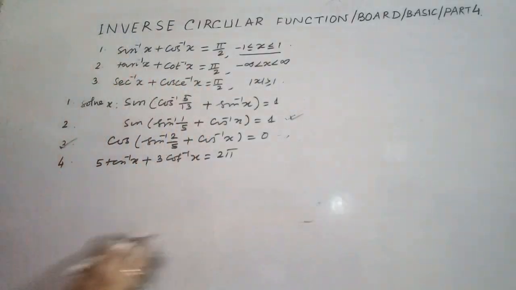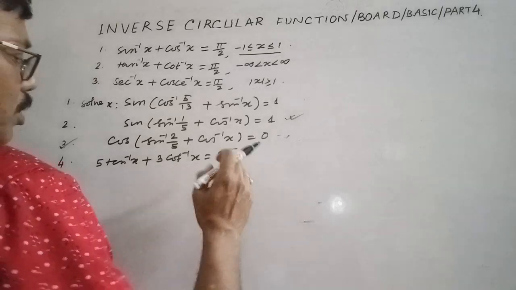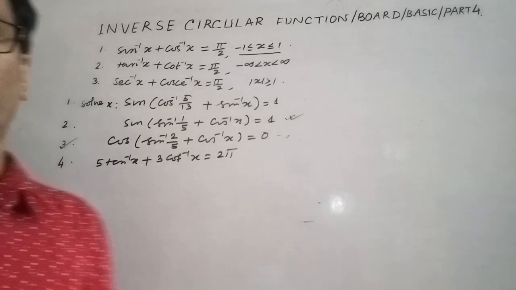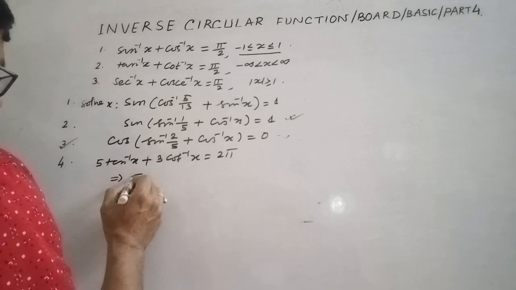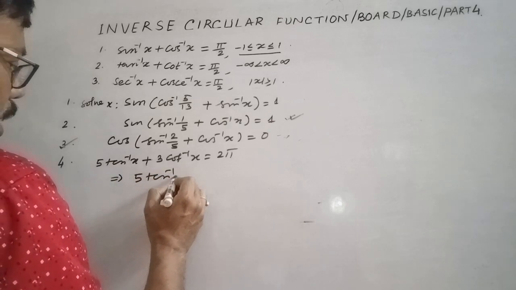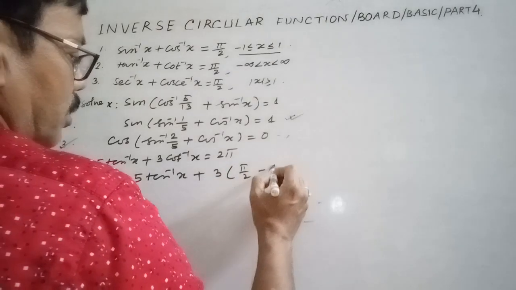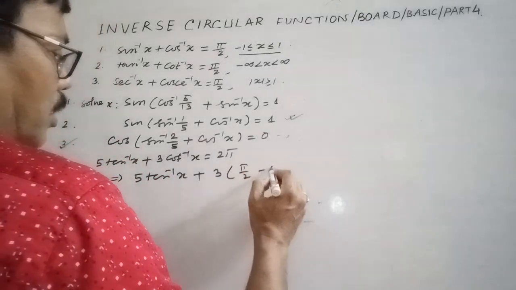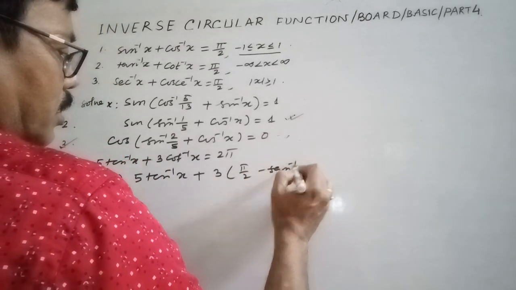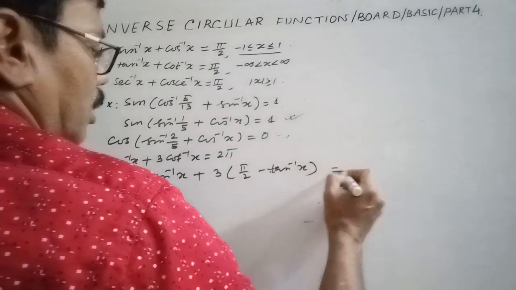Next, problem number 4: 5 tan inverse x plus 3 cot inverse x equals 2 pi. Look, we try to make it in terms of a single trigonometric ratio. Cot inverse x is pi by 2 minus tan inverse x, so 5 tan inverse x plus 3 times (pi by 2 minus tan inverse x) equals 2 pi.